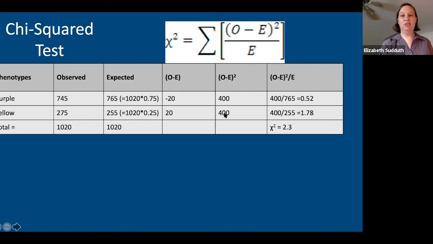And 400 divided by 255 gives us 1.78. The last step to get our chi-squared value is to add up those values. So 0.52 plus 1.78 is 2.3. Our chi-squared value equals 2.3. And that's how you calculate your chi-squared value.